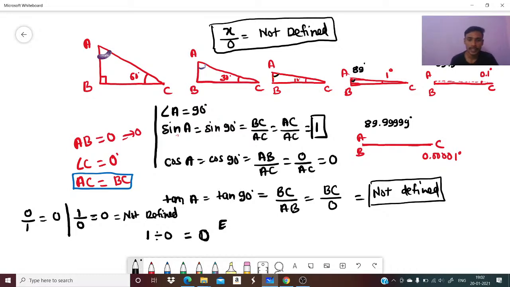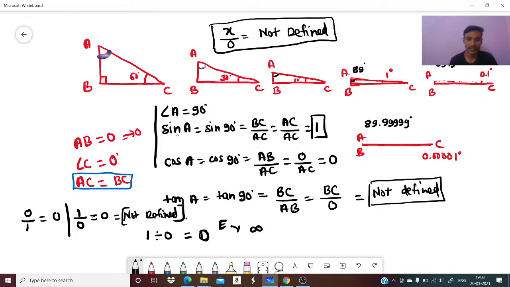This shows that your answer is not defined. You can try it yourself on the calculator. What I want to tell you is that 1 by 0 is not defined, that is not equal to 0.